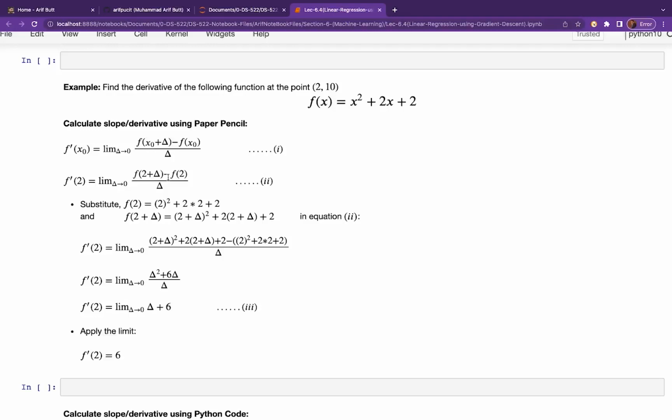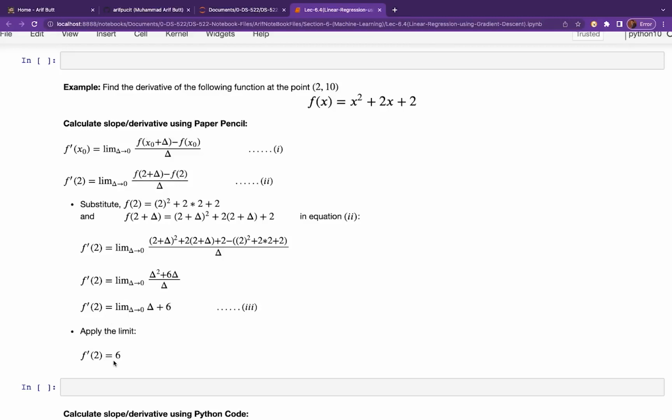Now we substitute f of 2 is equal to this and f of 2 plus delta is equal to this in this equation 2, and we simplify it and we arrive at this value shown in equation 3. Now you can apply the limit and you get the slope at x is equal to 2 of this function, which comes out to be 6.